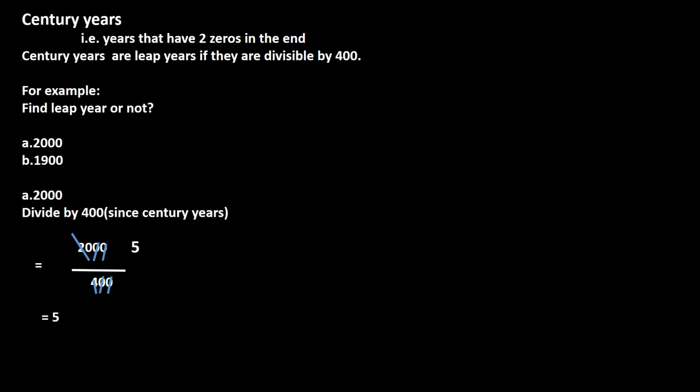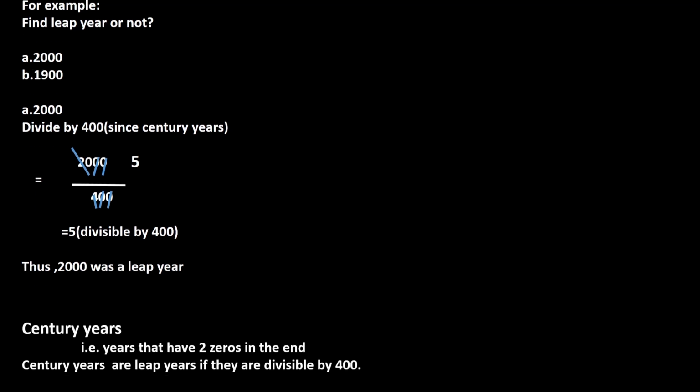So now we have finished one. 2000 was a leap year. Next we can look into another example, that is 1900. Here also there are two zeros at the end. So this belongs to century year. We have to divide by 400 instead of 4.